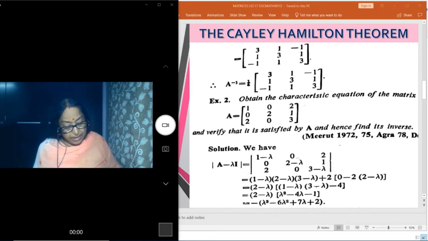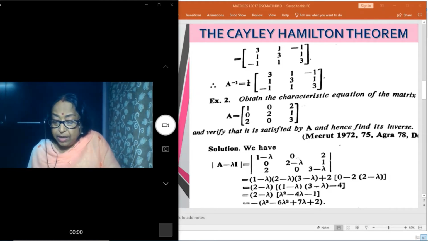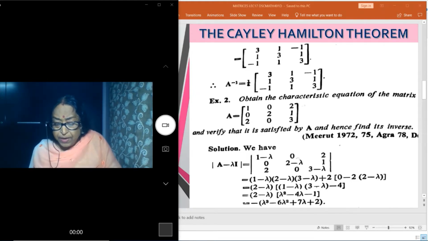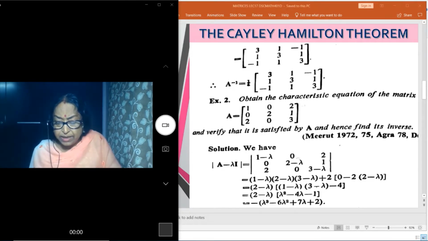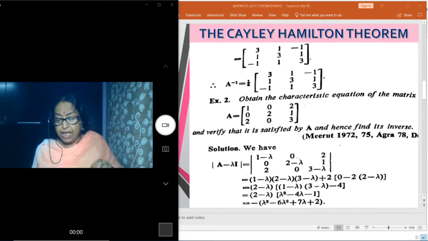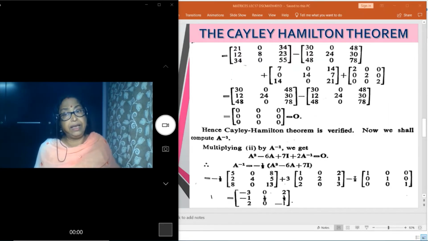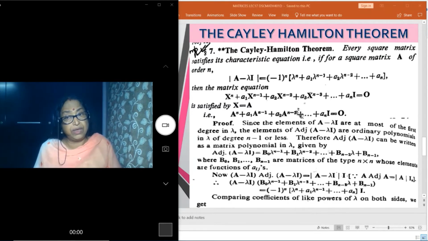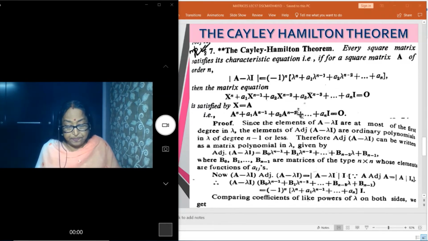Here they did it in the same way I explained. So in this way you can find the value of A inverse. Some homework is also given here, you do that.